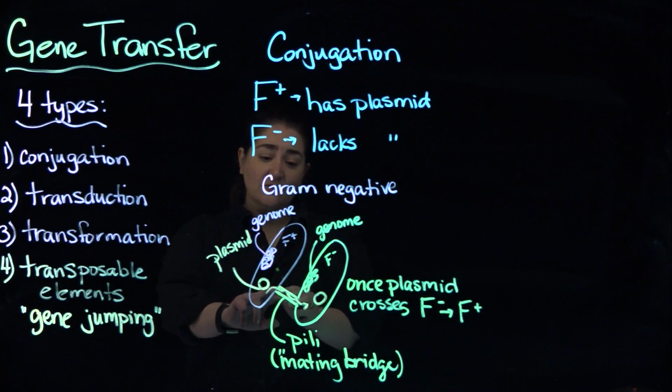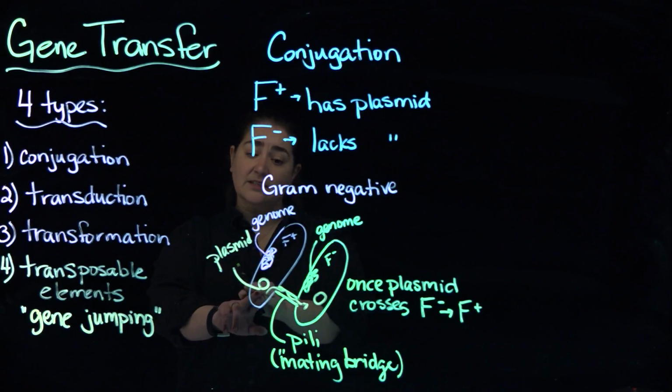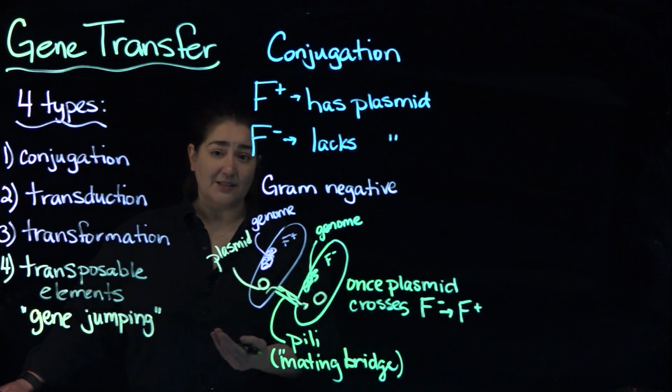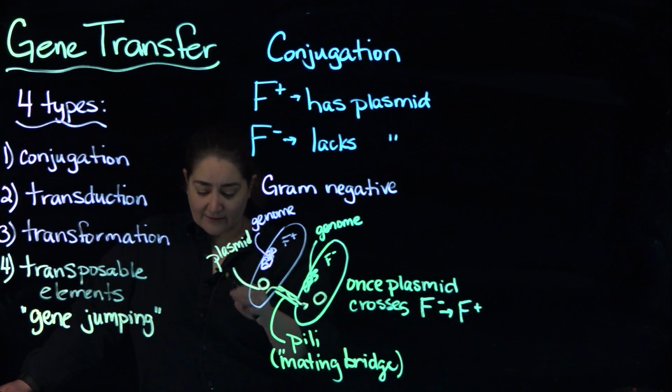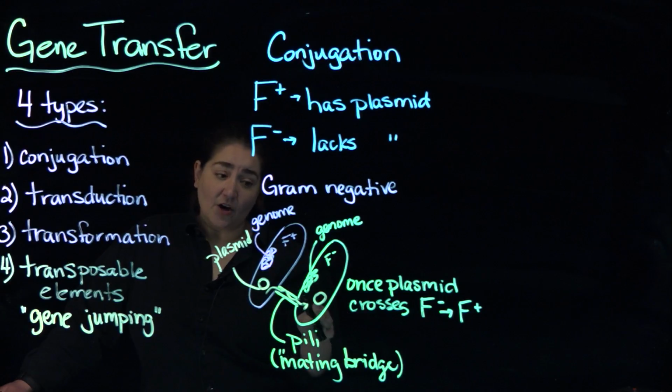So the information for establishing that pili is contained within the plasmid itself. So that offers and confers the ability of next that bacteria to be able to pass on that little bit of DNA. All right.